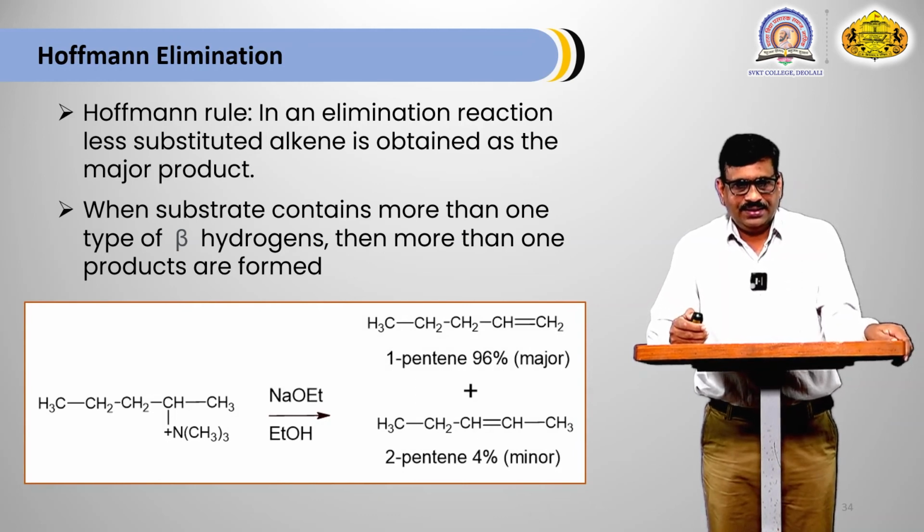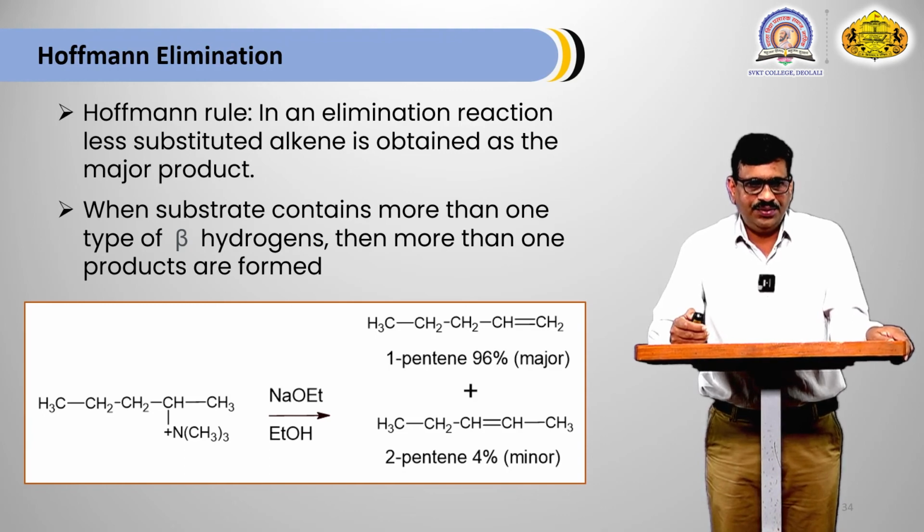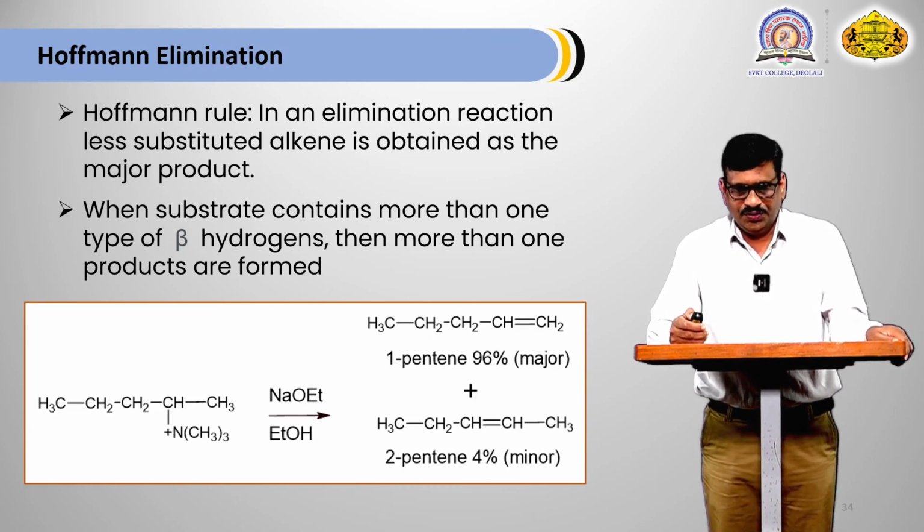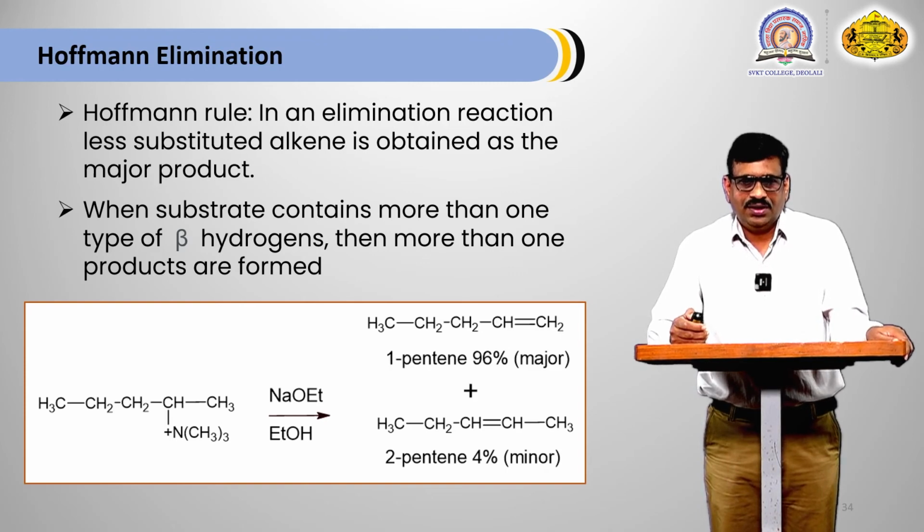Let's see this example. In this example, leaving group is N(CH3)3, means size of that leaving group is large. When this type of substrate molecule reacts with alcoholic base, there is elimination reaction, and in such cases major product is given by Hoffmann rule.